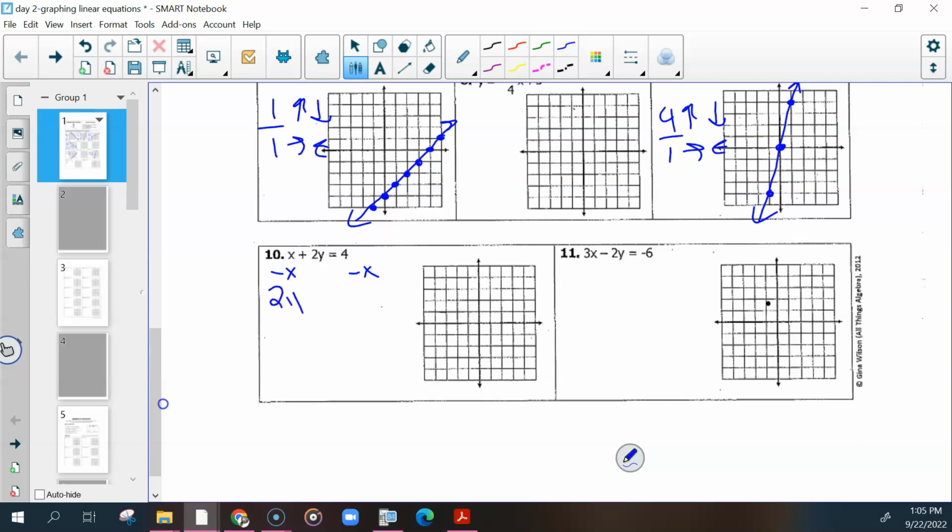So then we'd have 2y equals, I'm going to switch the order of these two, -x plus 4. And then you just divide by 2. Correct. For all, to everything. So we have y equals, make this a fraction, and x next to it, and then plus 2.